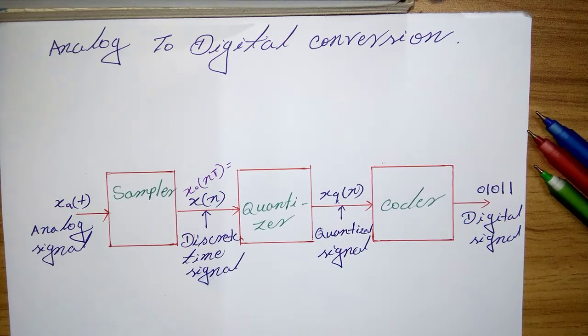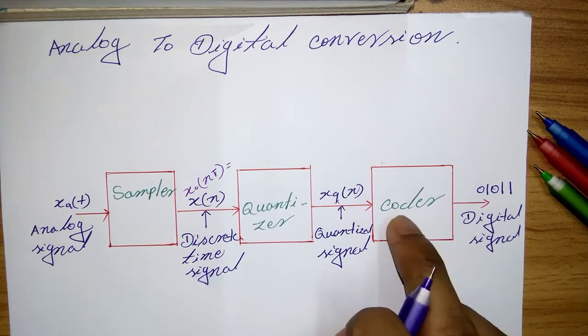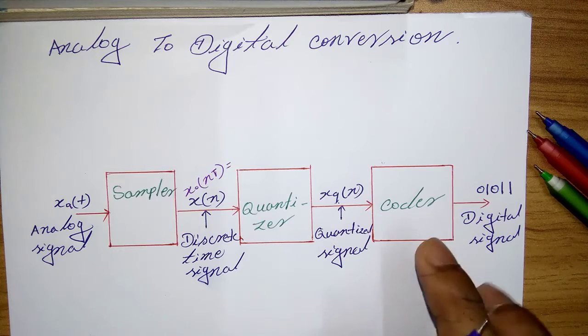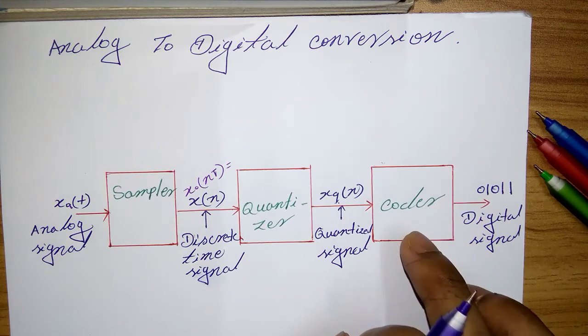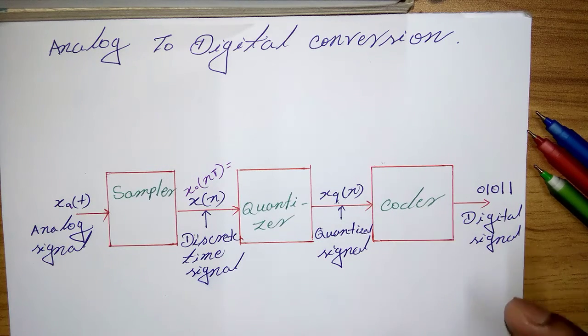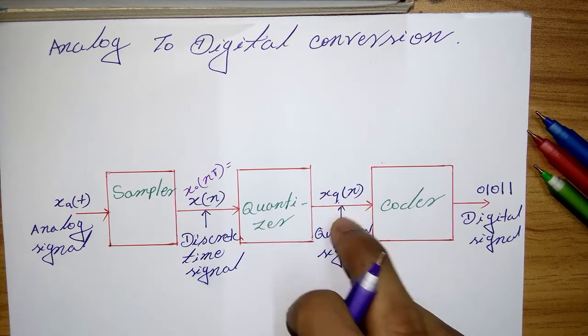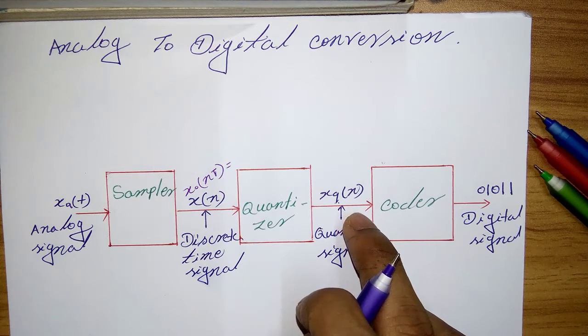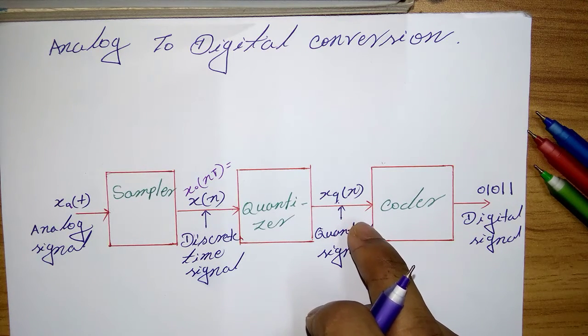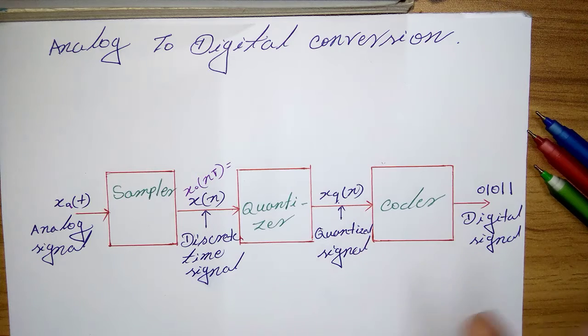Next is the coder. What is the coder and what is its working principle? In the coding process, the discrete values xq(n) are represented by a b-bit binary sequence.